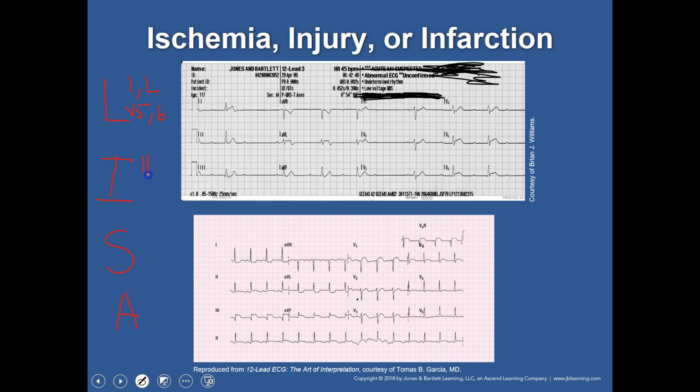Inferior: 2, 3, and AVF. Septal: V1 and 2. And anterior: V3 and 4.